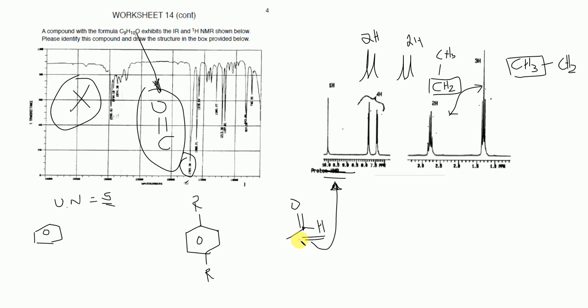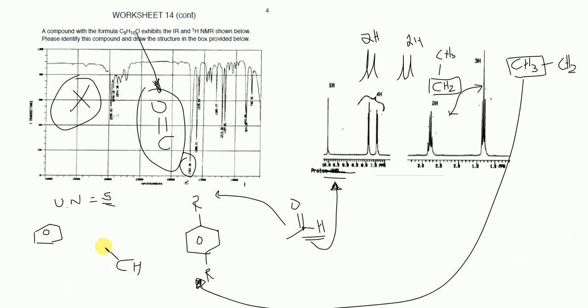So I have a CH3, which should be on one end, right? And I have an aldehyde, which should be on the other. So essentially, that should tell you that my aldehyde is on one side, and my CH3 is on the other side. That's the only way it's possible that I can have two ends. Obviously my aldehyde and my CH3 cannot be on the same side, unless I had a CH, with the aldehyde like this, and then a CH3 like this.